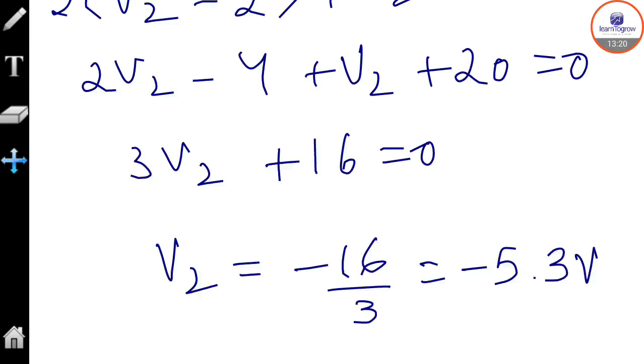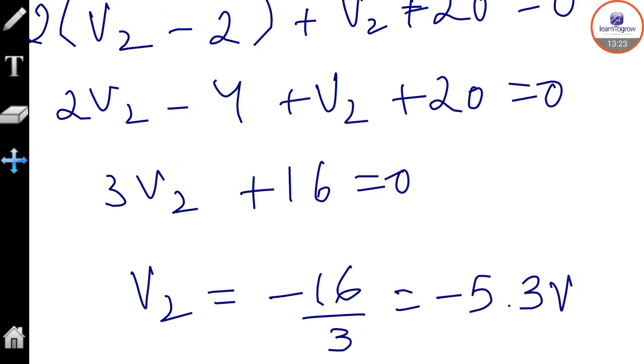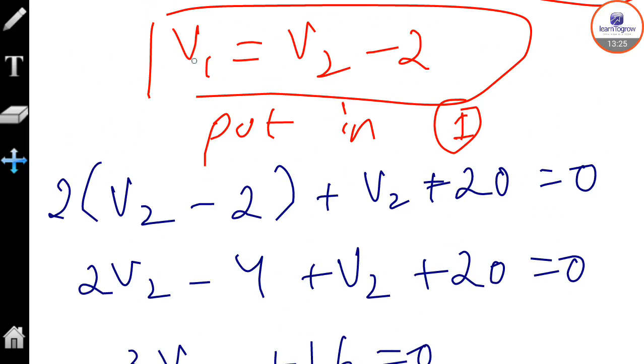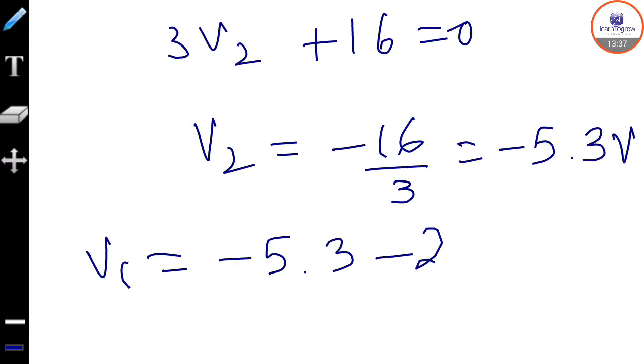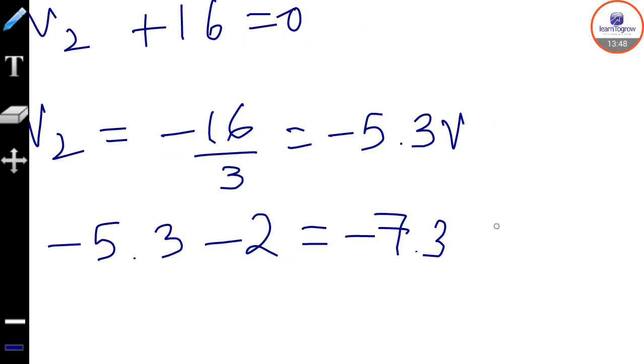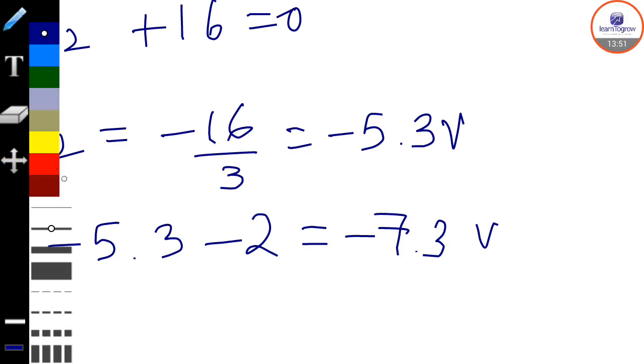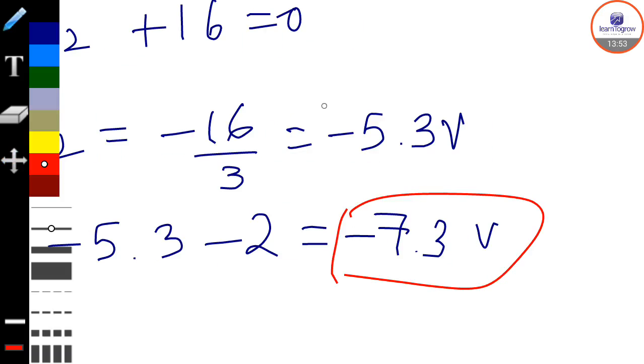Now I'll put V2 in any of the equations to get my V1. I'll put it simply in this equation. In place of V1, V2 minus 2. So it will become minus 7.3 volts.